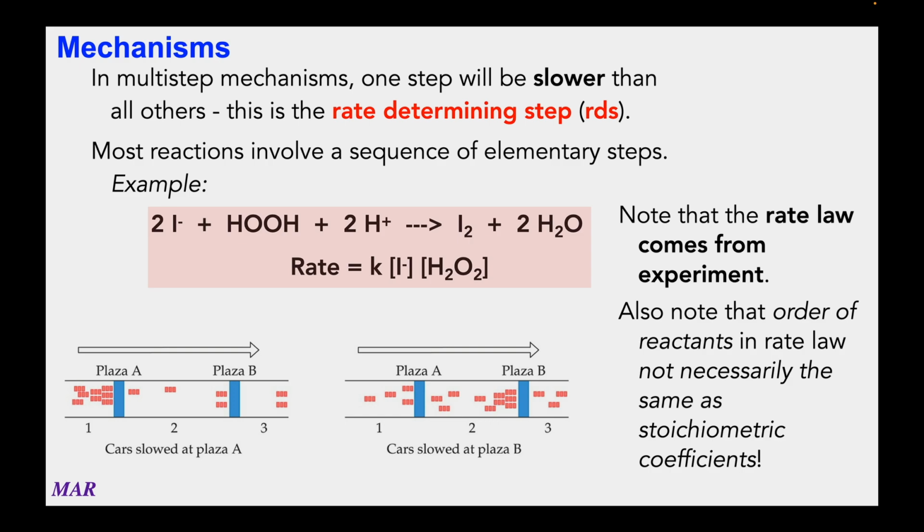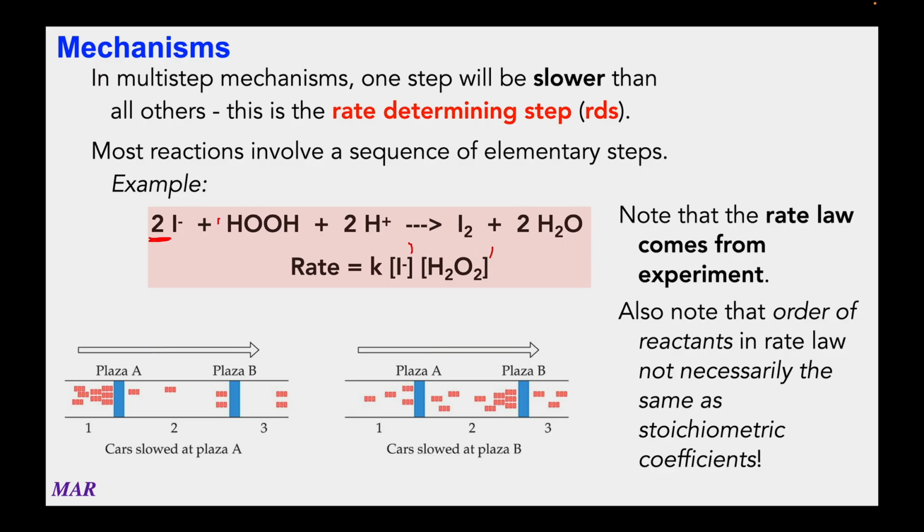Earlier, I stated how the stoichiometric coefficients are often different than the orders of the reaction. And boy, do I want to highlight that here, because for iodide, there's a 2, and you can see that iodide is a first order reactant, so the 2 and the 1 are certainly different. Now H2O2 has an invisible 1 in front of it, and H2O2 is a first order reactant, so that one's the same.